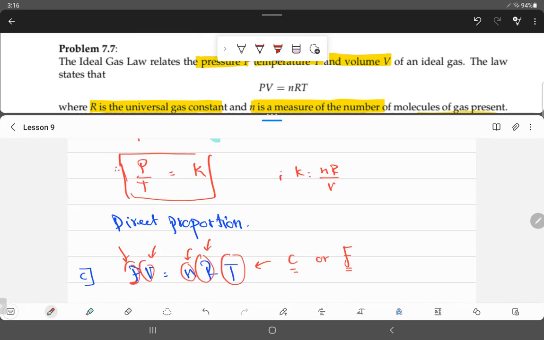So the temperature is always positive. But what do we know about Fahrenheit and Celsius? They can have negative temperatures. Thank you very much.